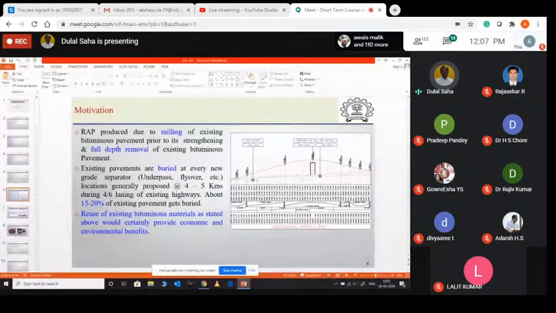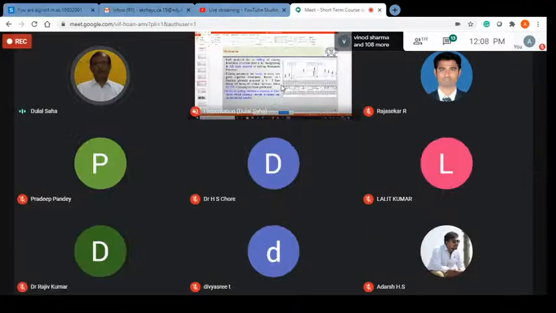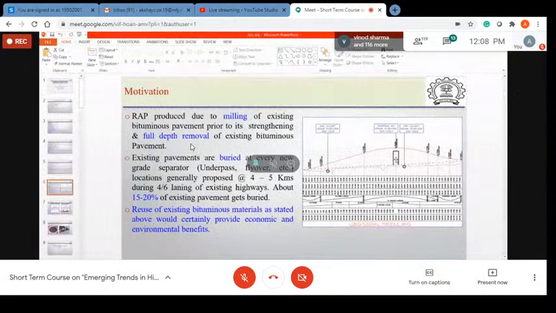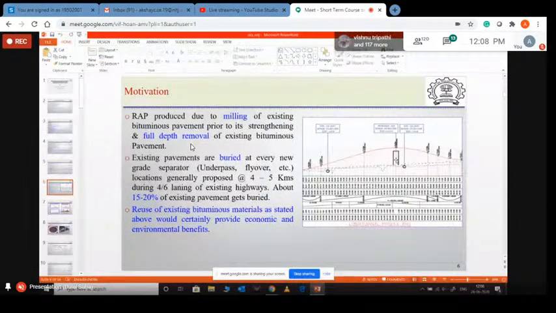Now, once we have changed this profile, say for example if we are talking about a flyover, this height becomes about 5.5 meters plus girder thickness and all other things, about 8 meters. 8 into 40, close to 300 meters on either side. That means 600 millimeters for each grade separator, each cross connecting facility.